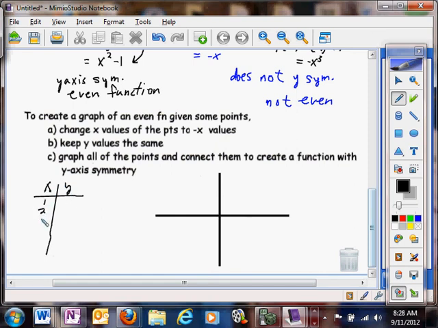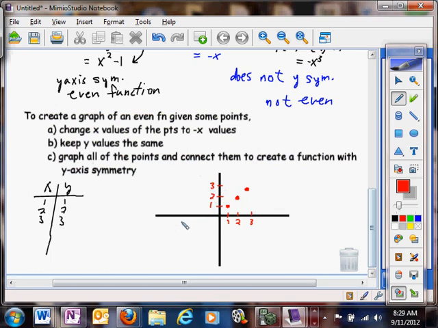Maybe I have 1, 2, 3, and 1, 2, 3. So if I have these points and I plot them, you should be able to see that that's going to be 1, 1, which is about right here, 2, 2, which is about right here, and 3, 3, which is about right here. Which means that this would have been a 1, this would have been a 2, this would have been a 3 on the x, and then on the y, 1, 2, and 3.